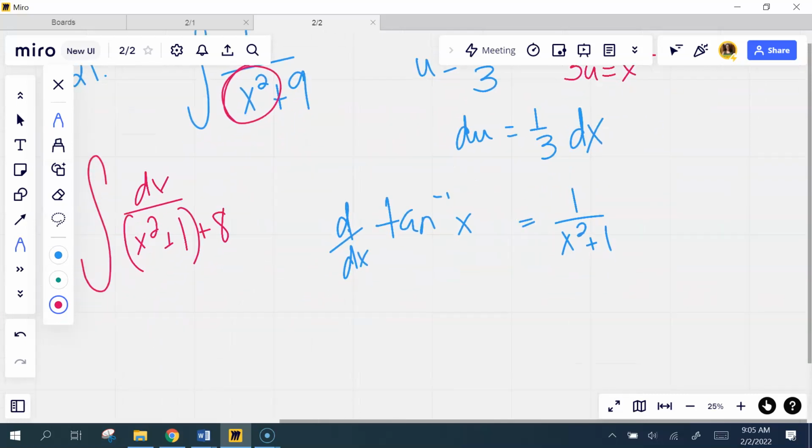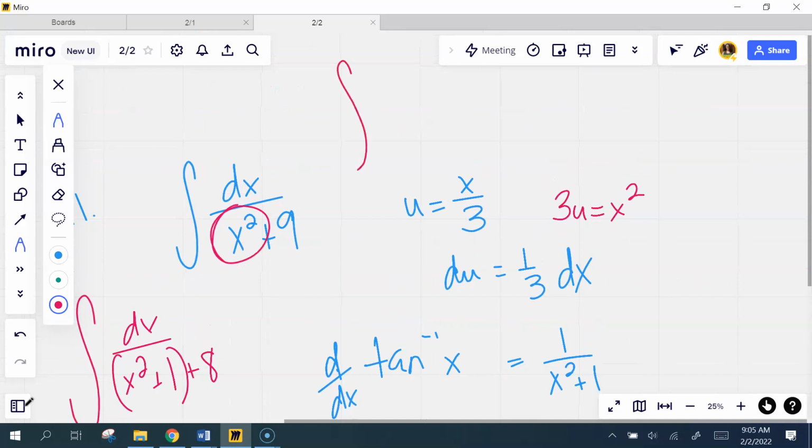So that would become 3u plus 9, which is, it's not 3 years. What's the derivative of inverse tan?